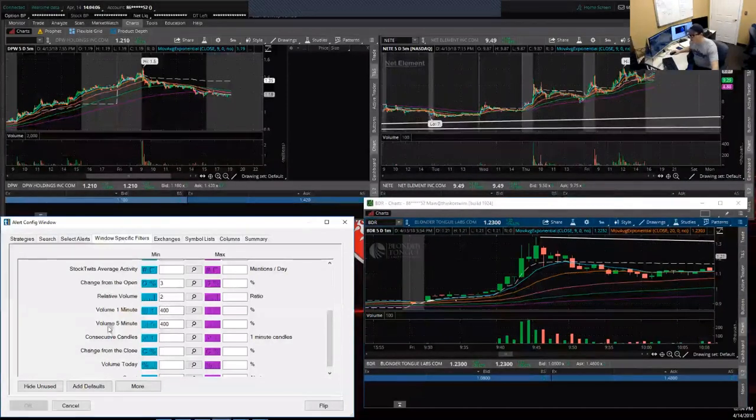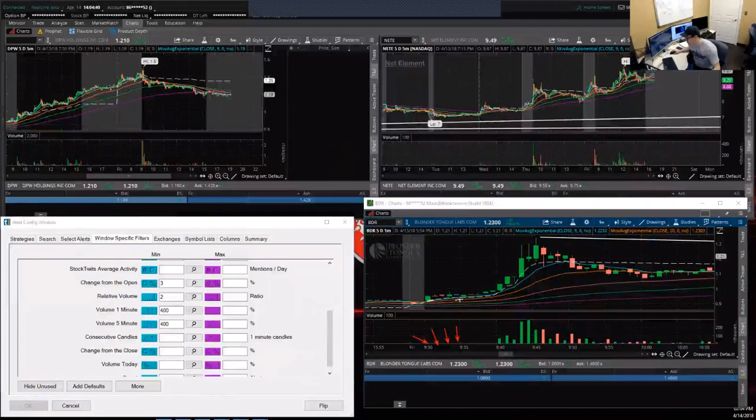The reason I have both of them in there, you can play around with them, but I do both just in case. It's more of an insurance thing, because maybe we don't get the massive volume. So ideally, the volume 1 minute, 400 filter is scanning for unusual volume spikes on a 1 minute time frame. If we come over here to the stock, you'll see there was no volume, no volume, no volume.